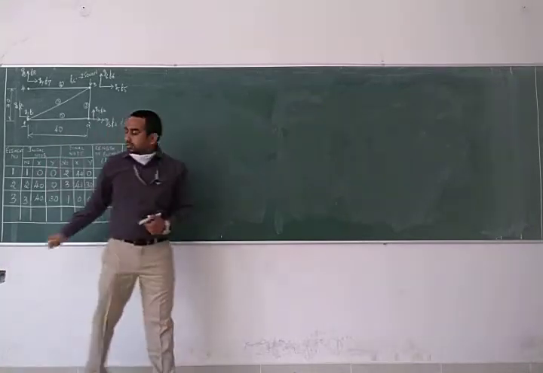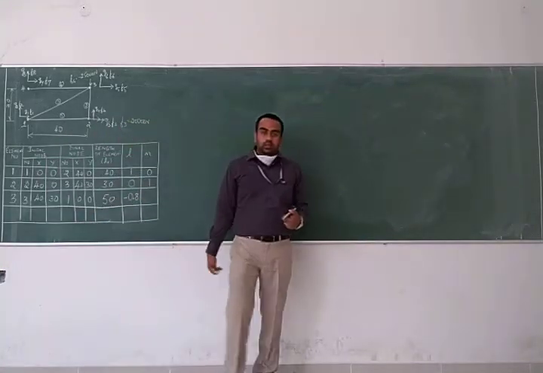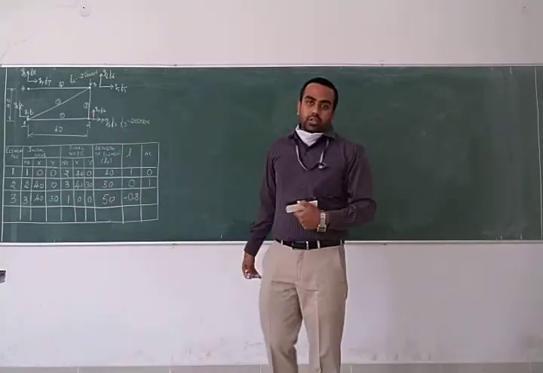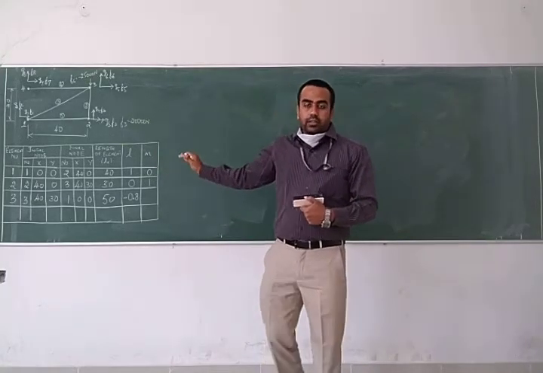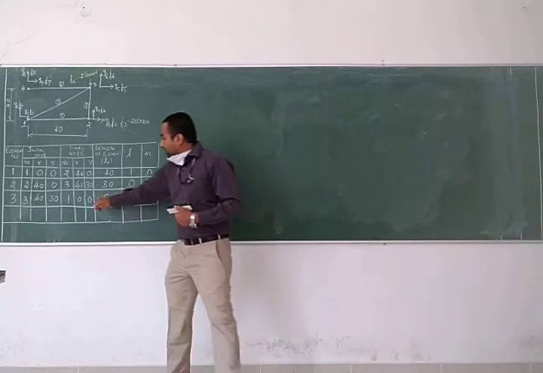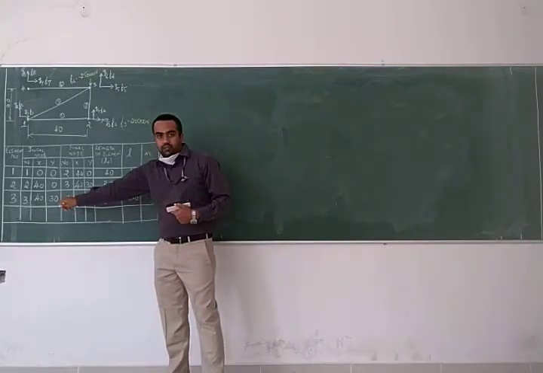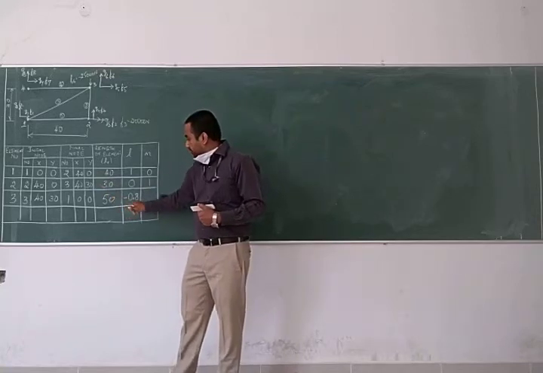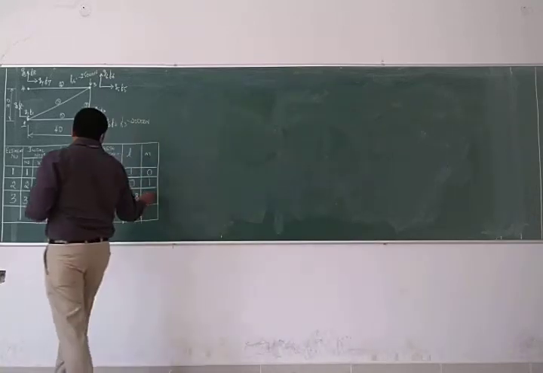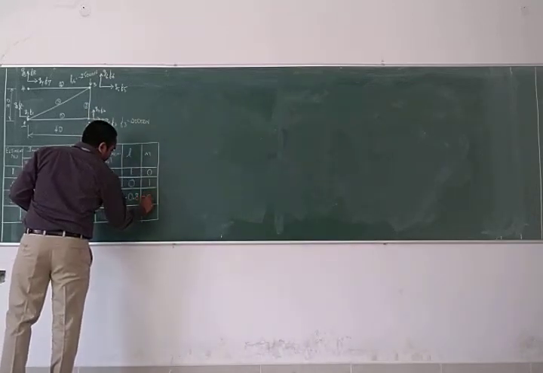Now for M, the value is y final minus y initial divided by length of the element. So y final value is 0, y initial value is 30, 0 minus 30 divided by 50 will give minus 0.6.